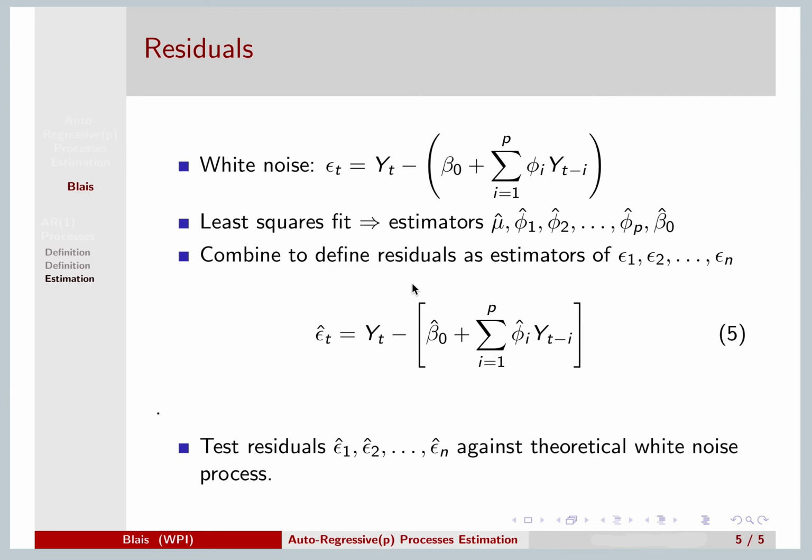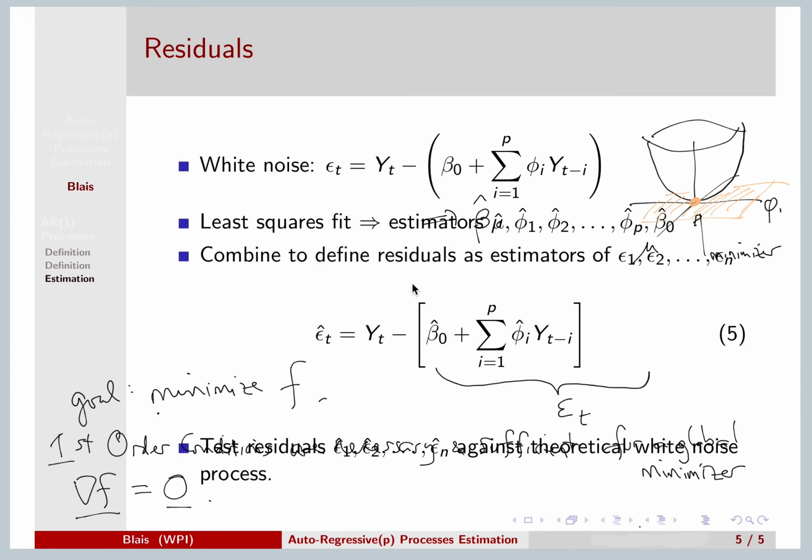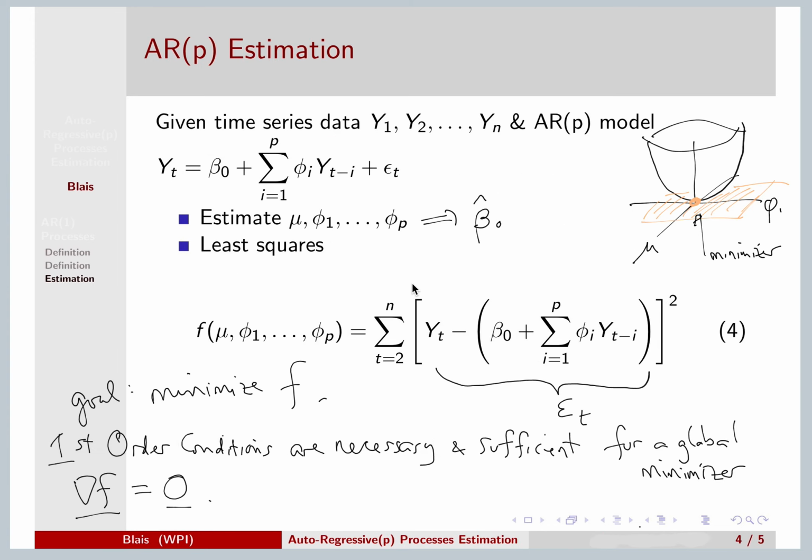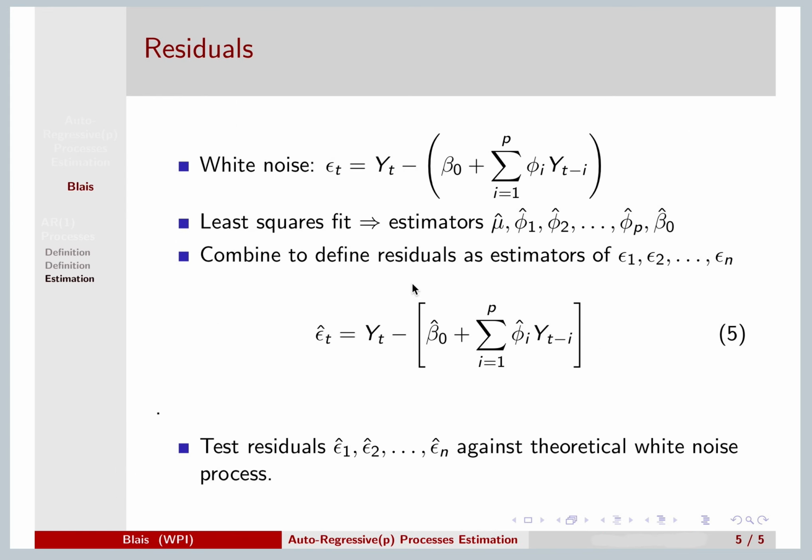And now we come back to the question of, was it an appropriate model? Was the ARP an appropriate model to fit to this time series data? Well, the reasoning behind how we check that is that if this is an appropriate model, the realized epsilon t's, those residuals, should look like the theoretical white noise process that we postulated for these epsilon t's.